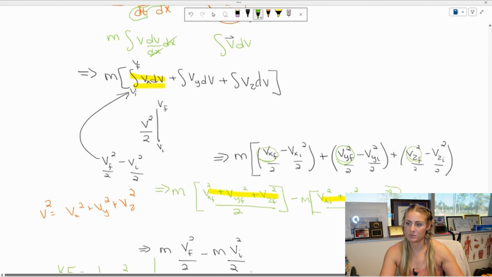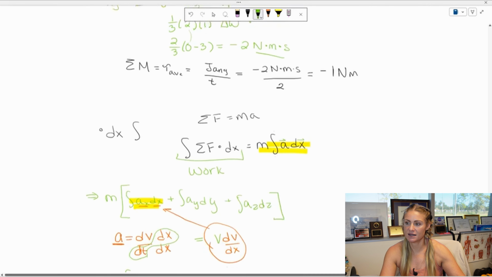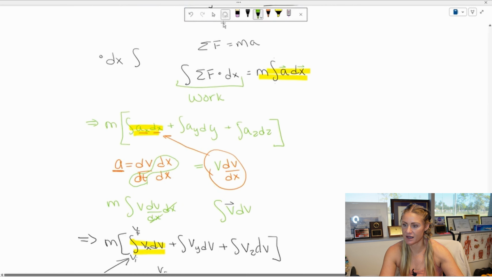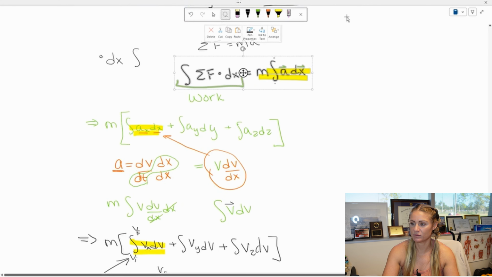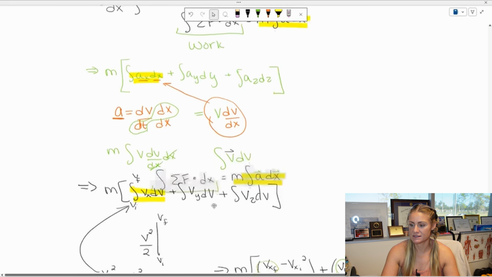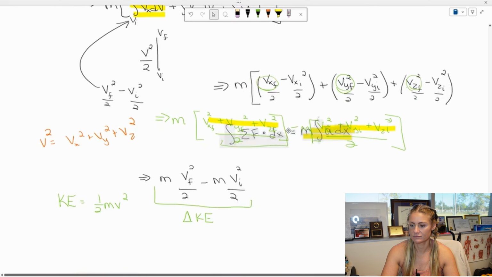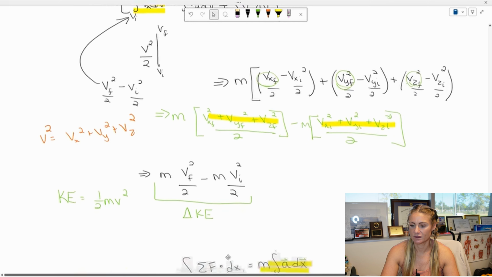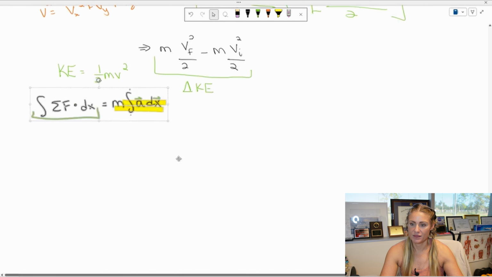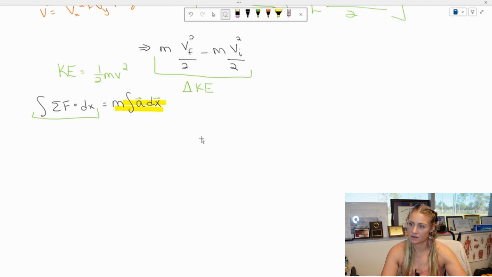If we go back up here, we stated, let's lasso this guy and let's move him down. So you can see that the external work, remember, is equal to the change in kinetic energy.